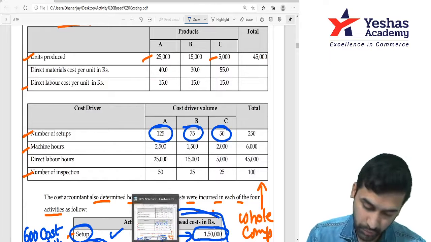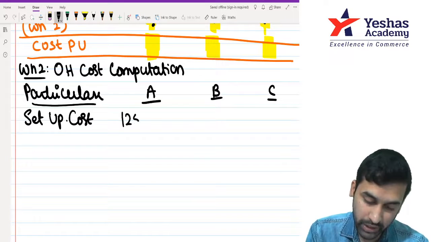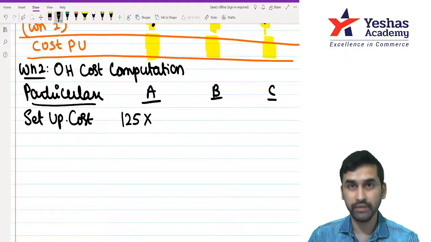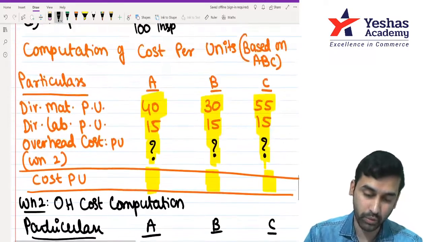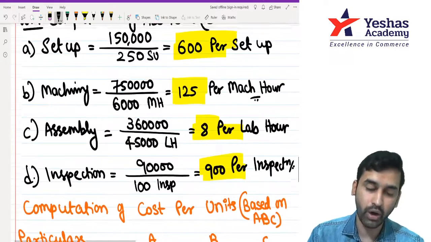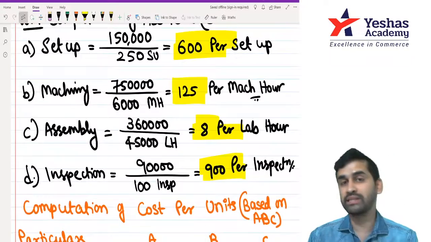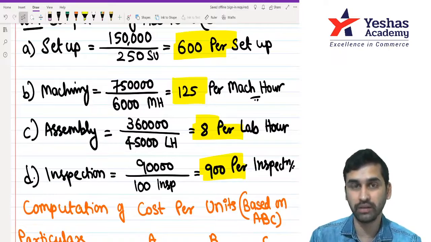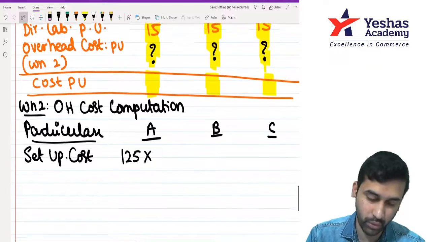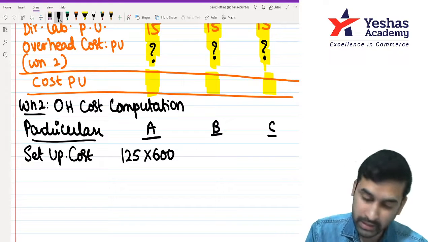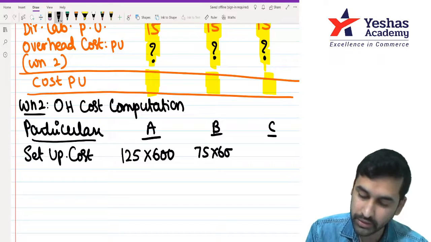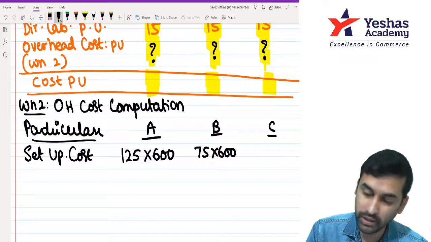Okay, so you need 125 setups for A. Into what? Go back to your working note 1. There you have calculated the cost per setup as 600 rupees. That means you will have to do 125 into 600, 75 into 600, 50 into 600.